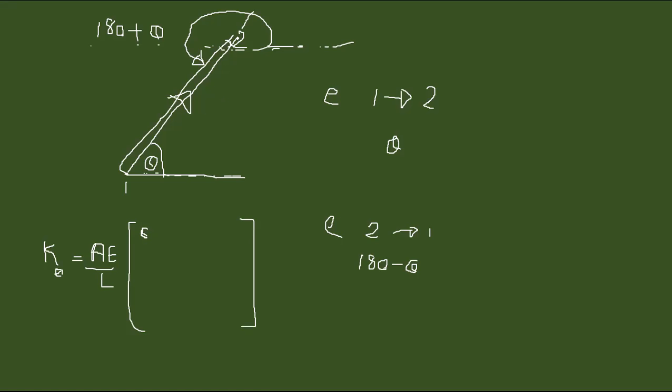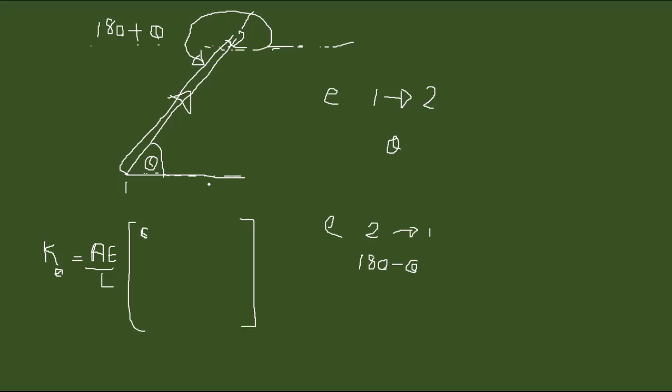Each node will have two displacements, in global x direction and global y direction. Since we are considering this 2D plane truss, along global x direction we call it u and along global y direction we call it v. And this is the matrix we are going to transform into a global coordinate system.